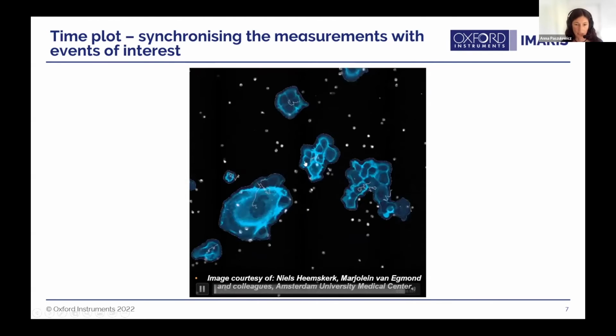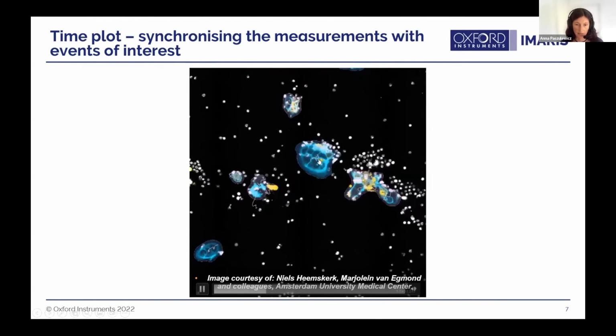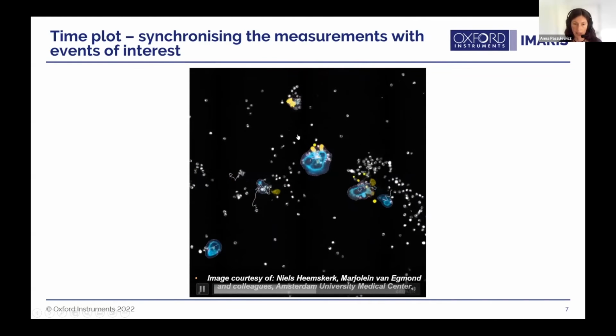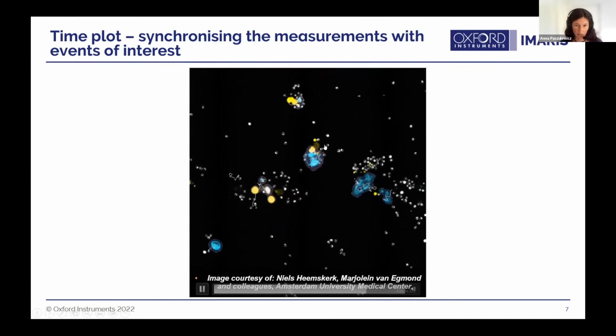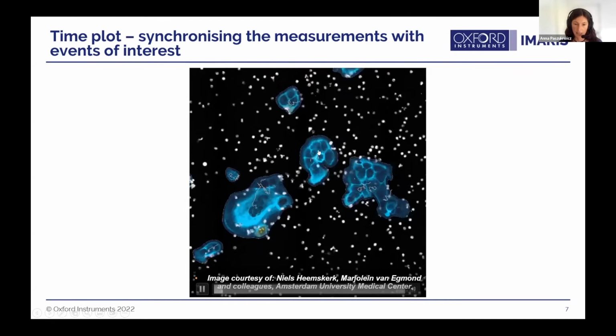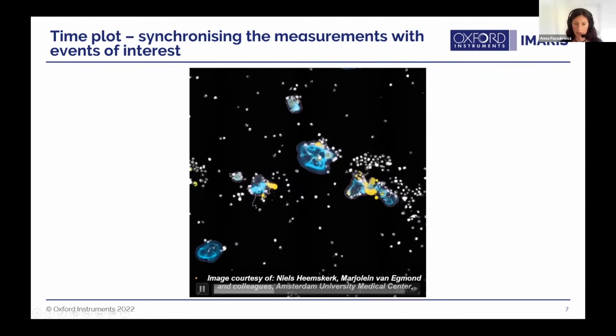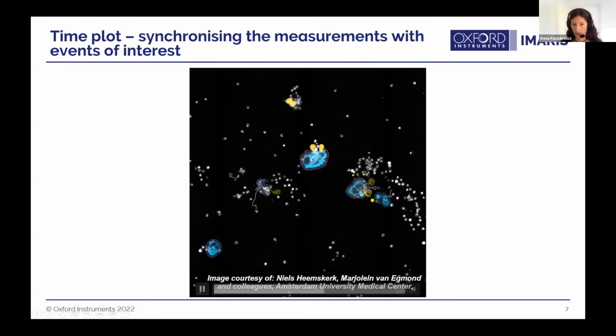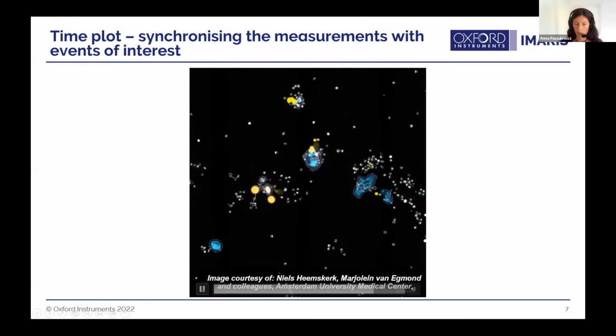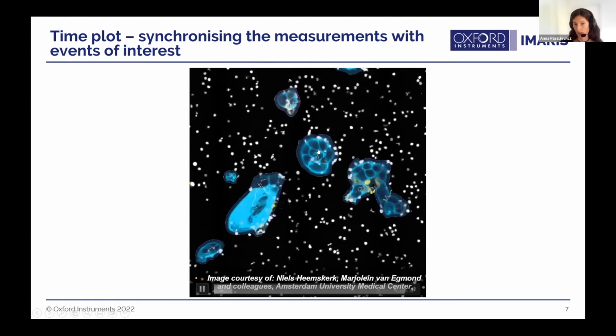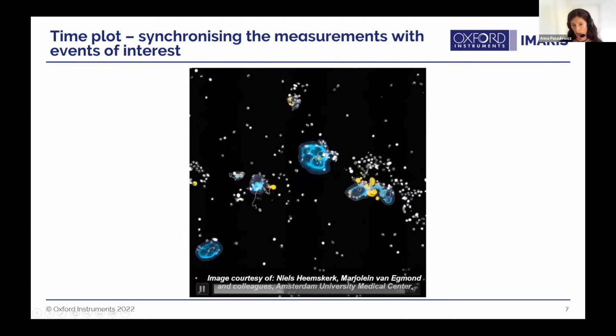So in this movie, you can see tumor cells attacked by neutrophils. And in the yellow channel, you can see the caspase activity. So the more yellow, the more caspase activity is observed, which indicates apoptosis.